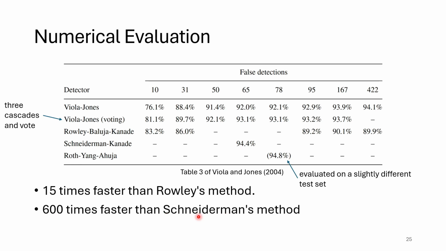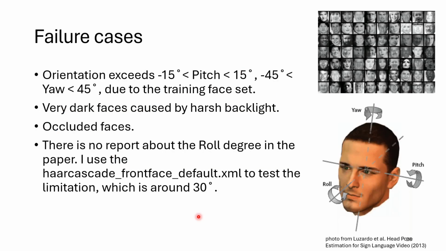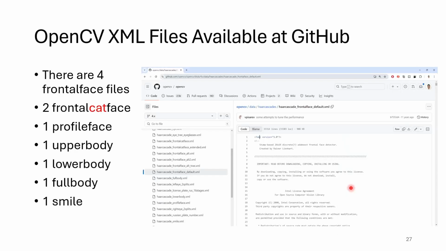Of course, there are some failure cases, because this is their training set: all of them are upright frontal faces. So if you turn the orientation of the head beyond their limits, then their algorithm won't work.